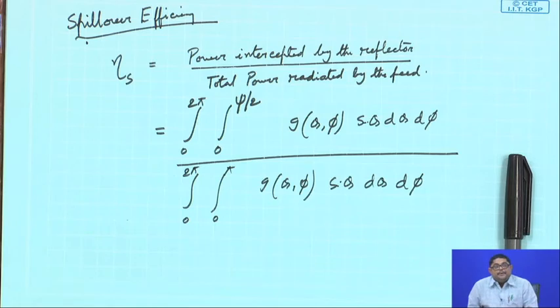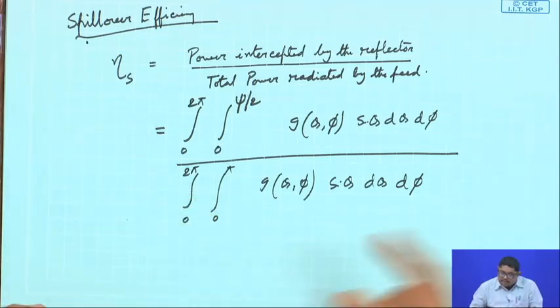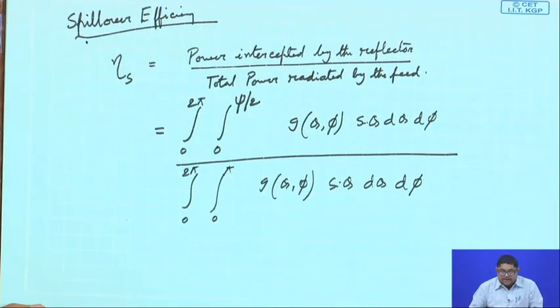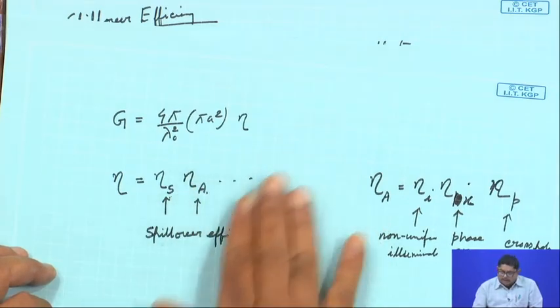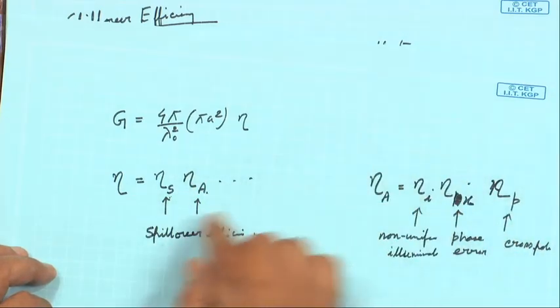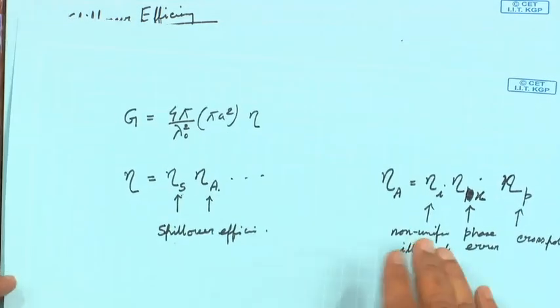Now, ultimately we will see that I am not interested to find simply this spillover efficiency, we will later see that jointly what happens here. Actually, the others can be separately done, but these two are, as physically I explained, that if I want to have a uniform illumination, then spillover increases.